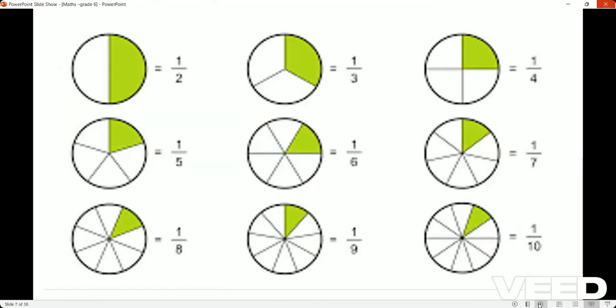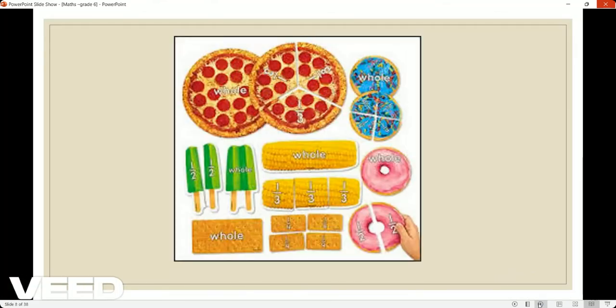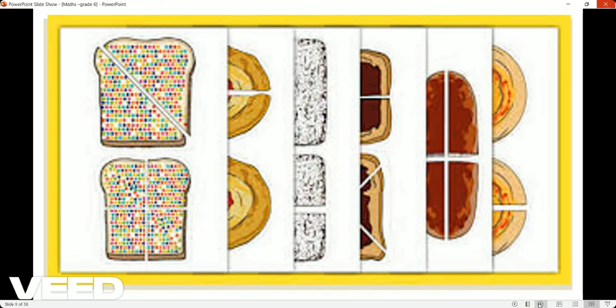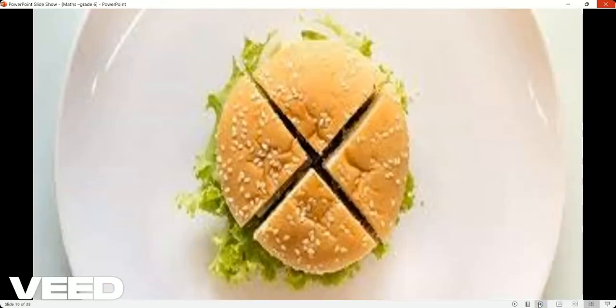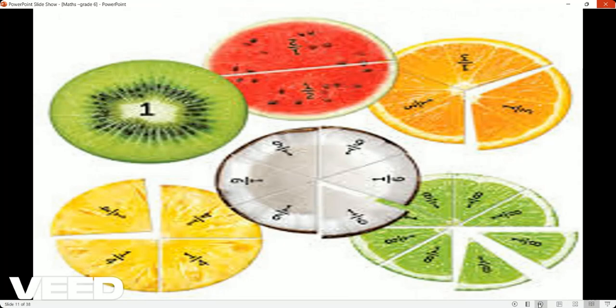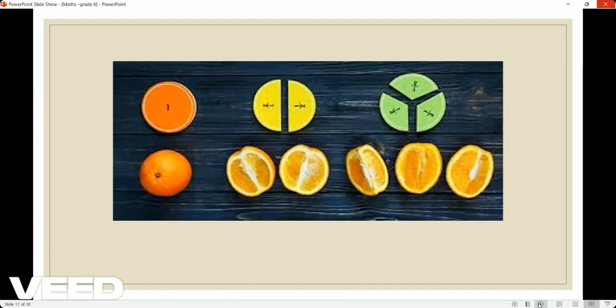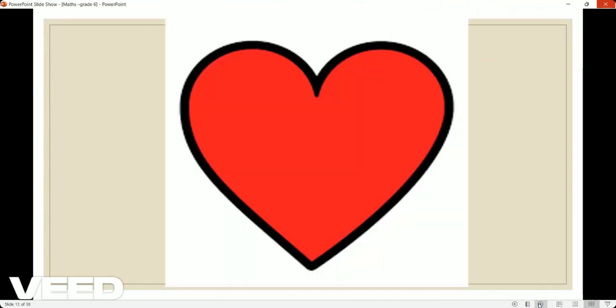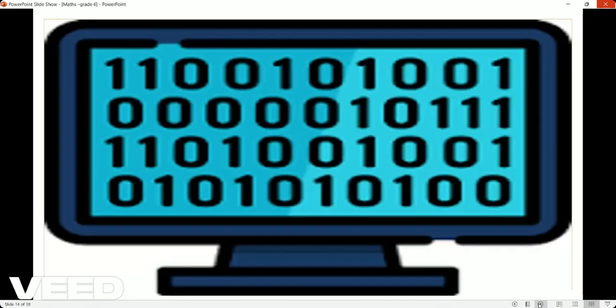Well, when we divide a whole thing into equal parts, we are actually talking about fractions. Fractions are super important because they help us understand parts of a whole thing in our everyday lives. So, are you ready to unlock this code?